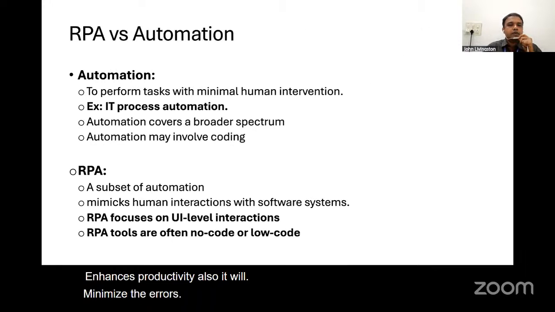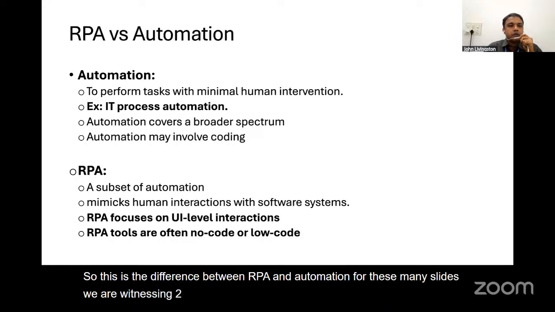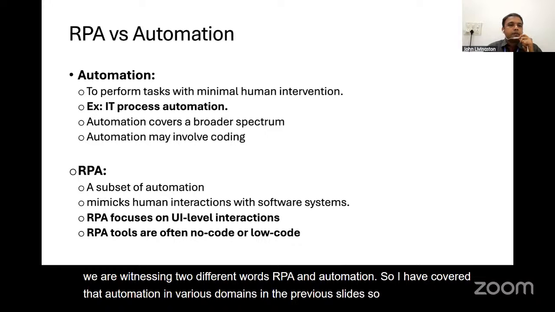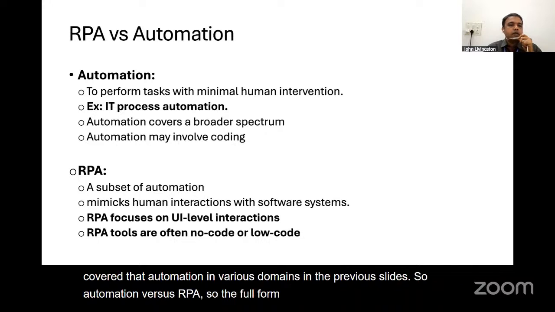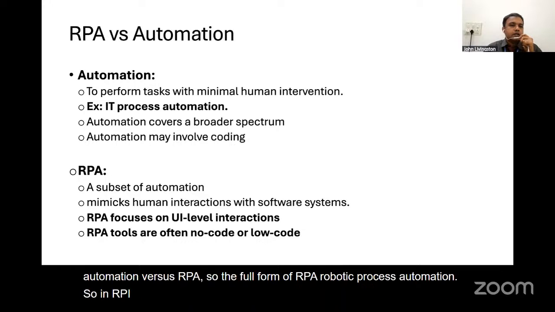So this is the difference between RPA and automation. For these many slides, we are witnessing two different words, RPA and automation. I have covered automation in various domains in the previous slides. So, automation versus RPA. The full form of RPA is robotic process automation, so in RPA also the word automation is coming, and separately automation is a separate word.